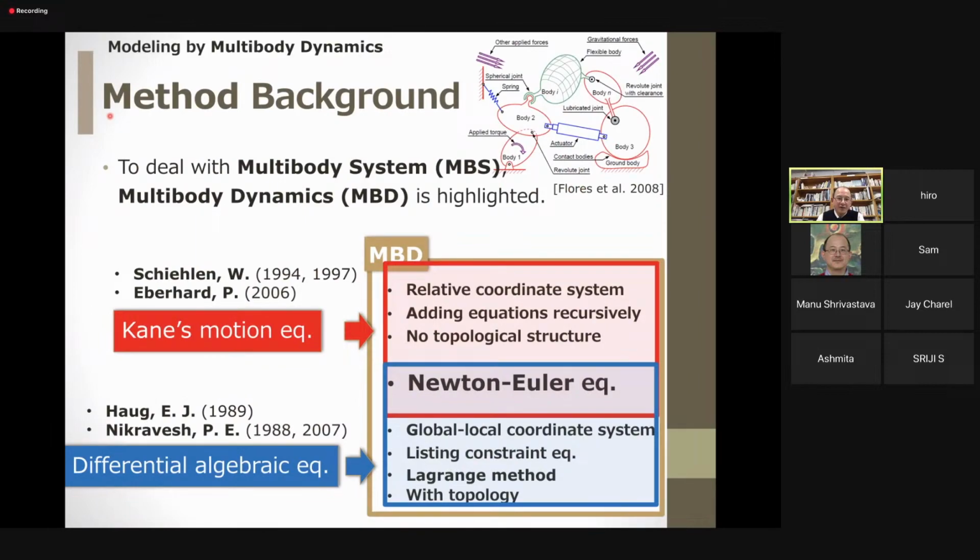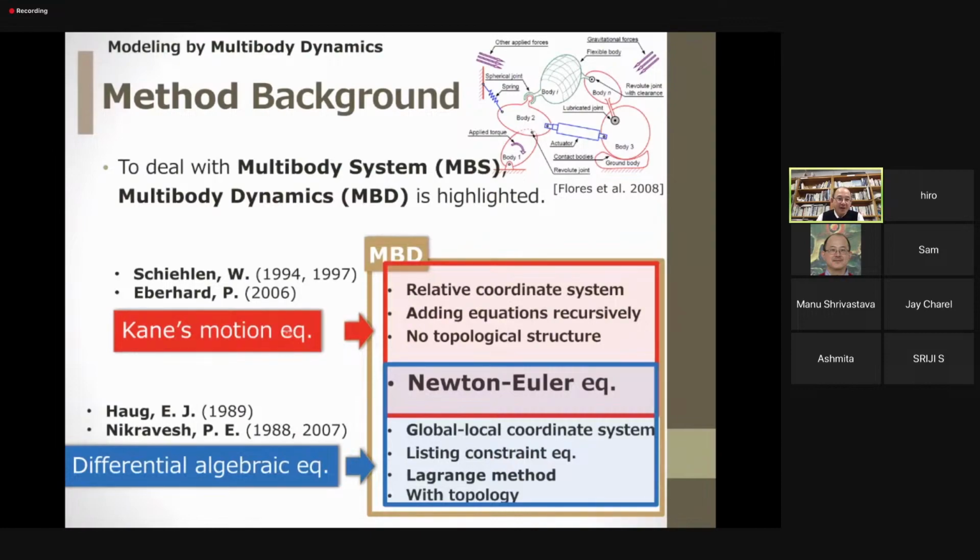This is also a traditional method developed to analyze multibody systems. To deal with multibody systems, multibody dynamics was proposed. Initially, Kane's motion equation is very important.